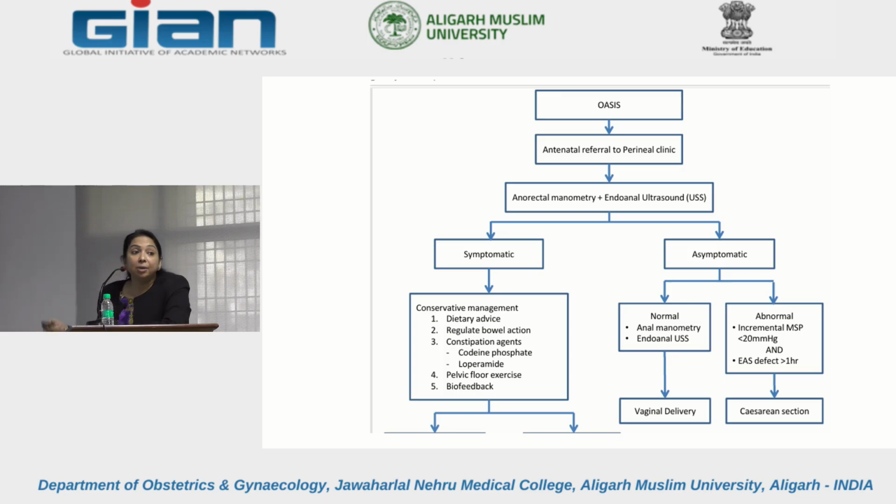It is essential because we have to take this decision. If we are not doing endoanal studies, I think we should counsel the patient: should we give her a trial or go for a direct elective cesarean section? Abnormal means they measure the maximum squeeze pressure using a pressure manometer, and it is abnormal if it is less than 20 mmHg.